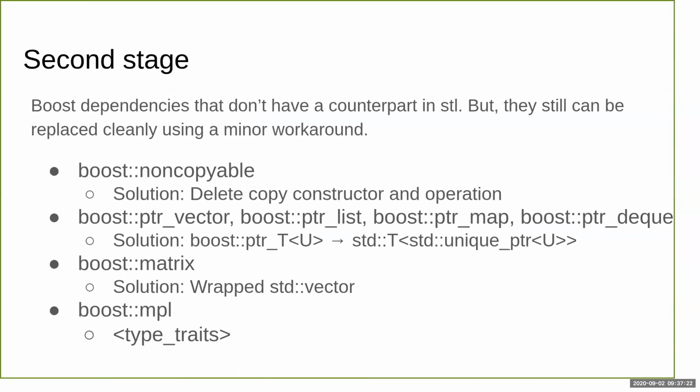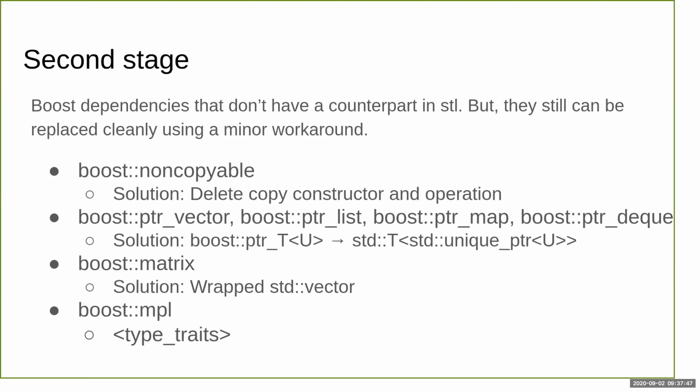In the second stage, we were trying to find boost dependencies that could be replaced using a minor workaround in C++. So we were trying to find boost dependencies that we don't actually need because we can use a clean workaround in C++.